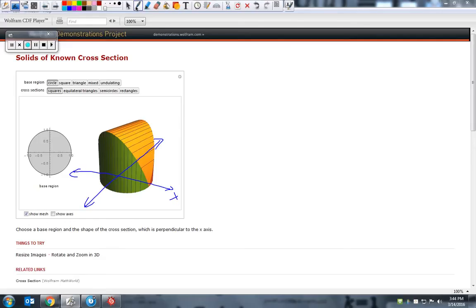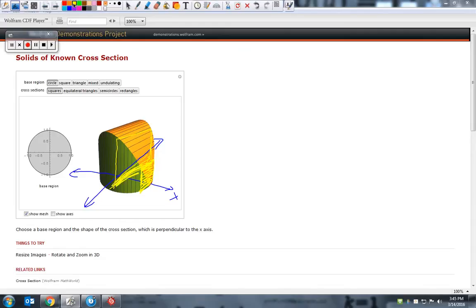Okay, so all these slices that you see, let me go ahead and highlight one in yellow. This is a square, and it's perpendicular to the x-axis. Now, let's say that I saw a slice that went way over here, then went up, and then came over here and came down. This is a big square as well.